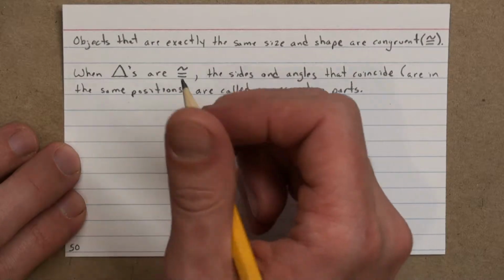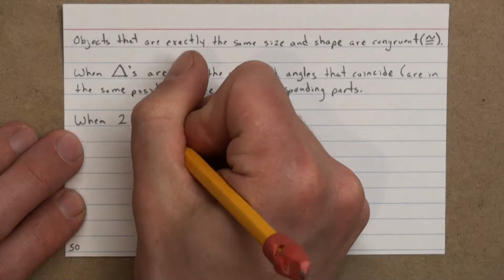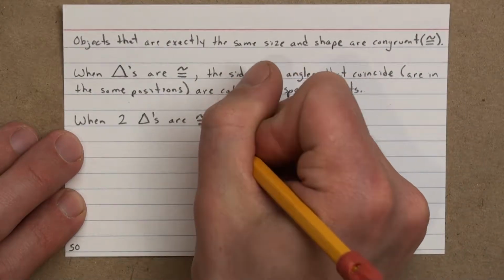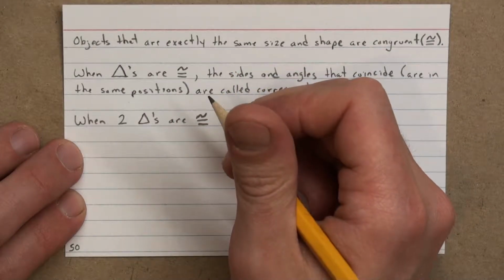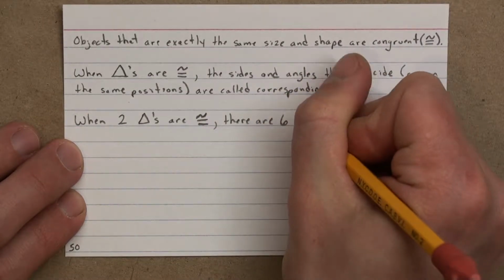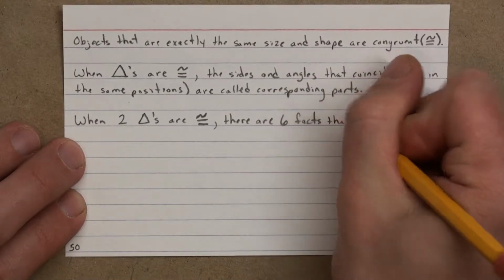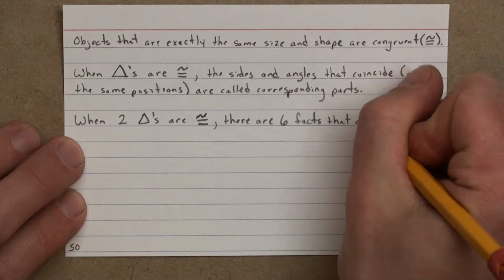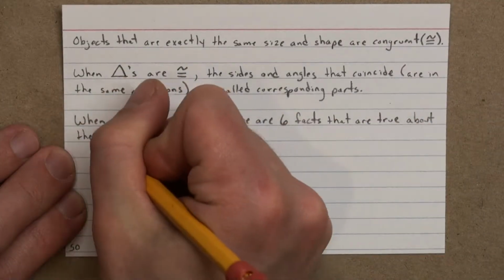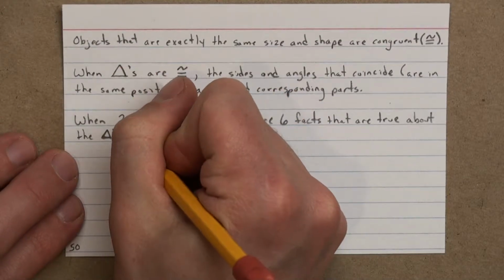When two triangles are congruent, there are 6 facts that are true about the triangles. Okay.